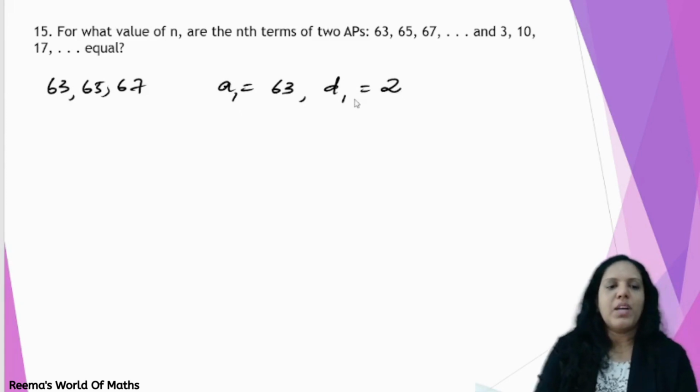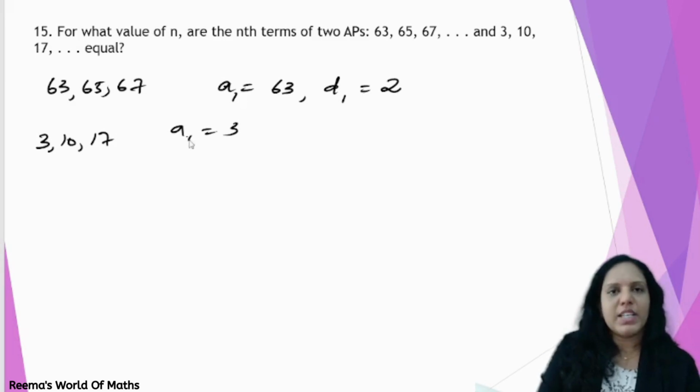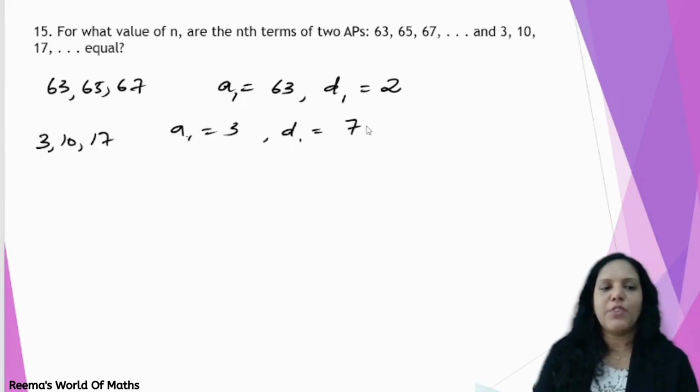In the second AP, 3, 10, 17, the first term is 3 and D equals 10 minus 3, which is 7. Now we need to find for what position n the nth terms of the two APs are equal.